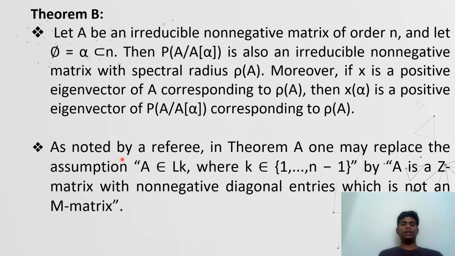As noted by the referee in Theorem A, one may replace the assumption that A belongs to L_k, where k belongs to 1, 2, 3, up to n minus 1, by: A is a Z-matrix with non-negative diagonal entries which is not an M-matrix.